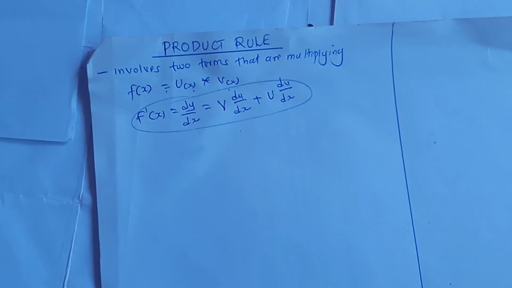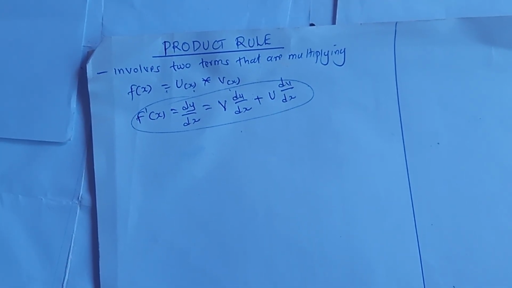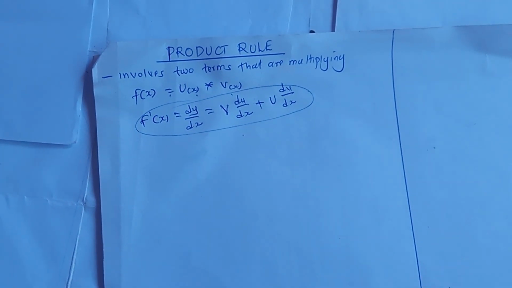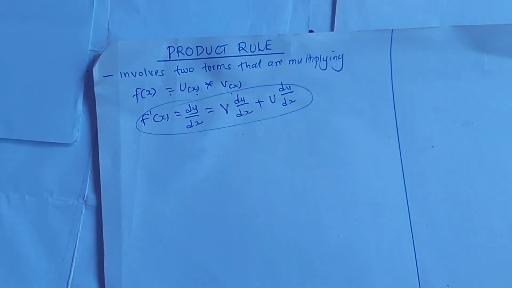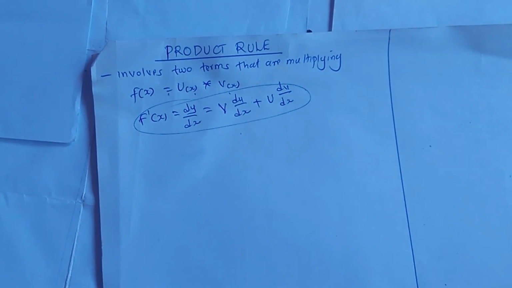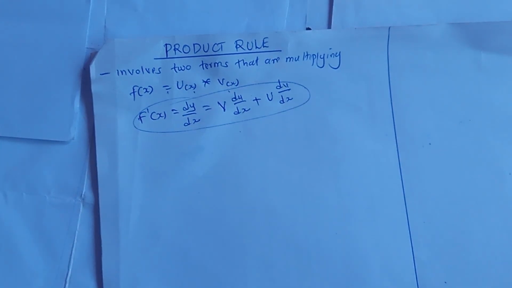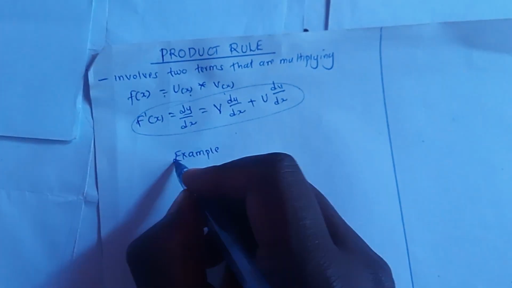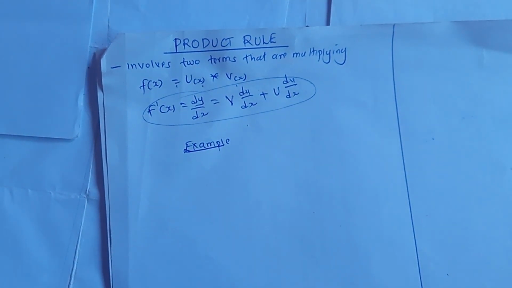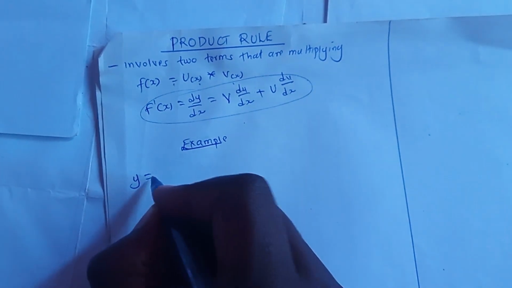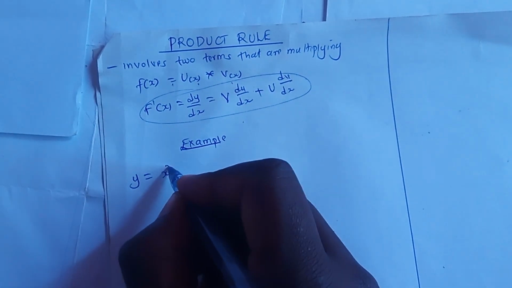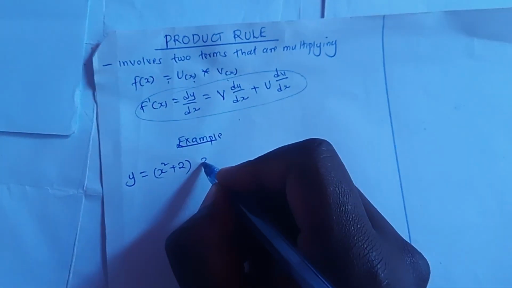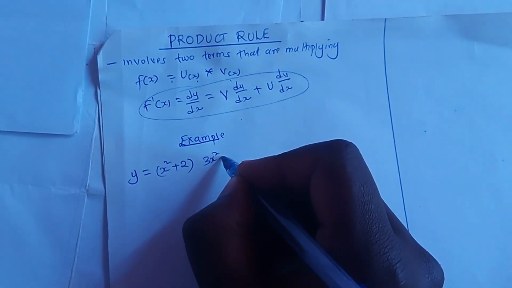Let us have one example on how we can solve a problem with two terms that are multiplying using the product rule of differentiation. Example: if you have y being equal to x squared plus 2, multiplied by 3x squared plus 5.